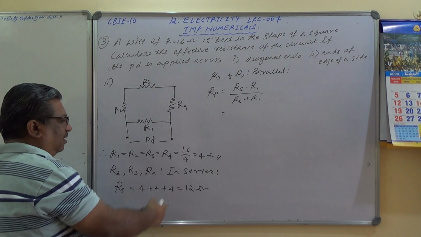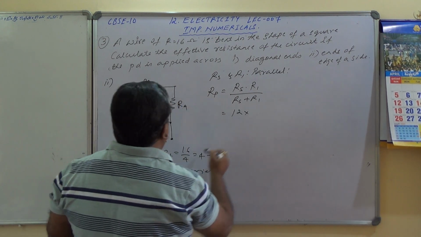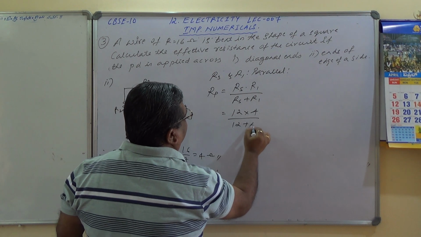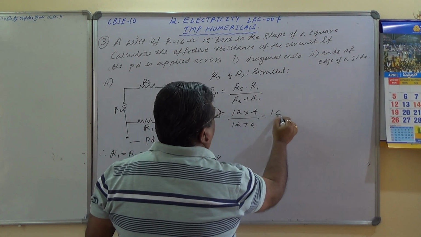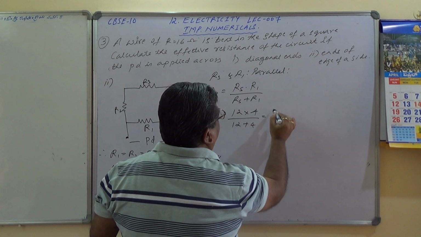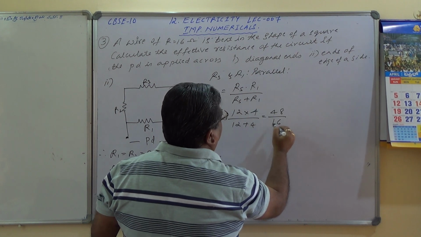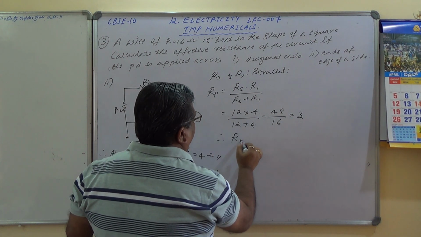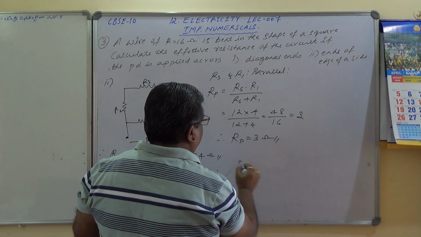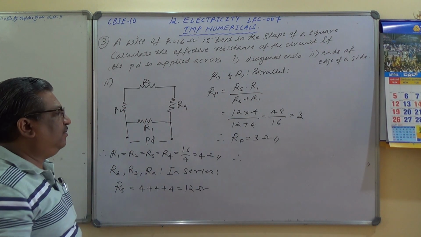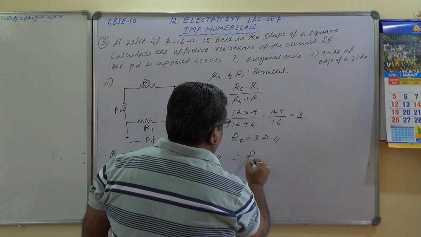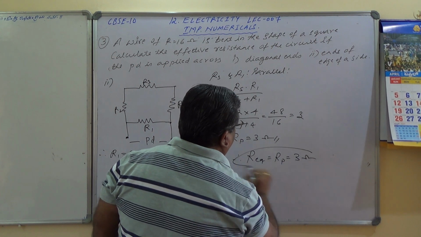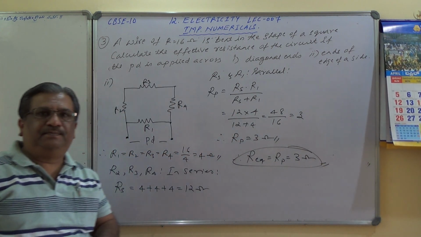What is Rs here? 12 ohms. 12 ohms into R1, which is 4 ohms, divided by 12 plus 4, which equals 48 divided by 16, which equals 3, and therefore Rp equals 3 ohms. The question is effective resistance or equivalent resistance. R equivalent equals Rp equals 3 ohms. This is the answer.